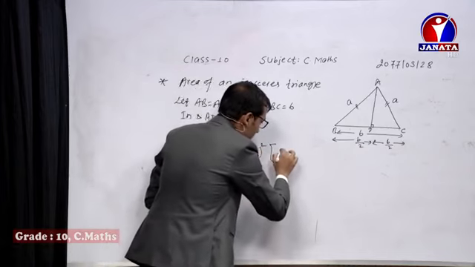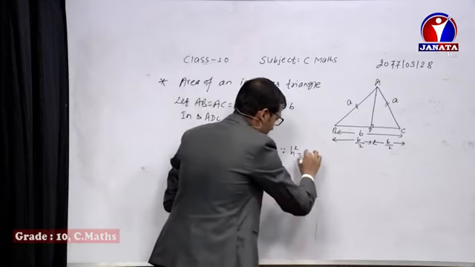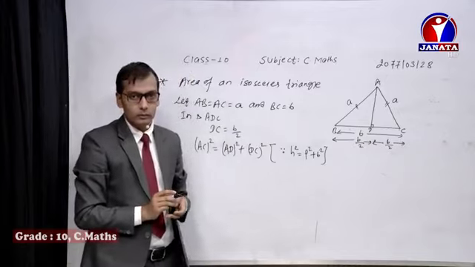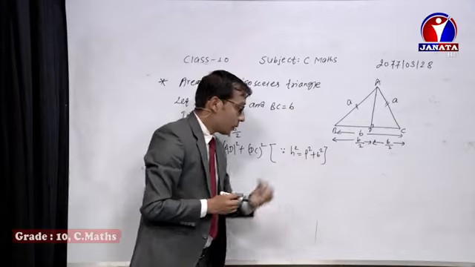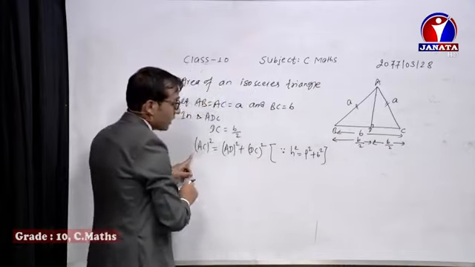This is in fact Pythagoras theorem. H square is P square plus B square, where H is hypotenuse, P is perpendicular, and B is base. So what is AC?